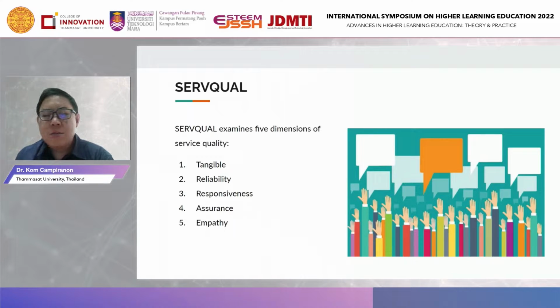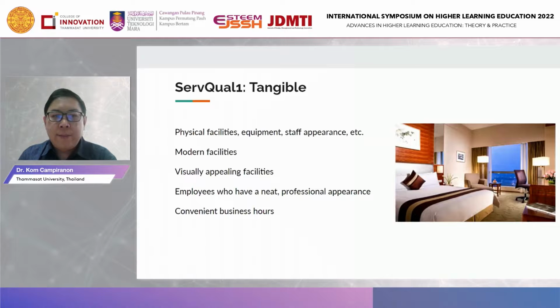So ServQual, the customer service gap or discrepancy that I mentioned, is really important for the service industry. We should try to determine if there is any gap between expectation and reality. In the ServQual theory, they measure five components or five dimensions.